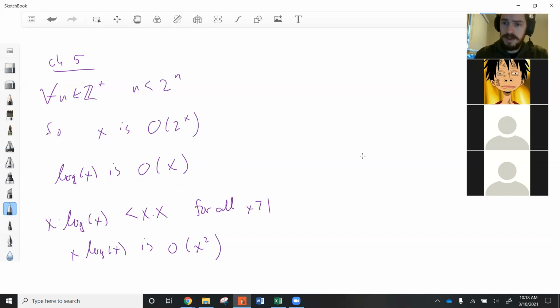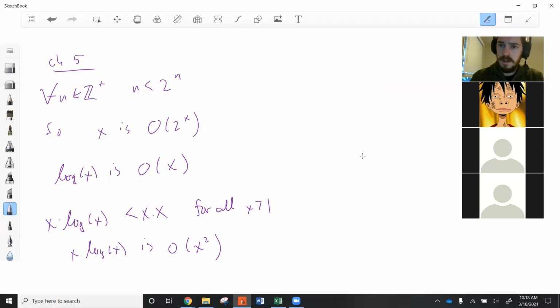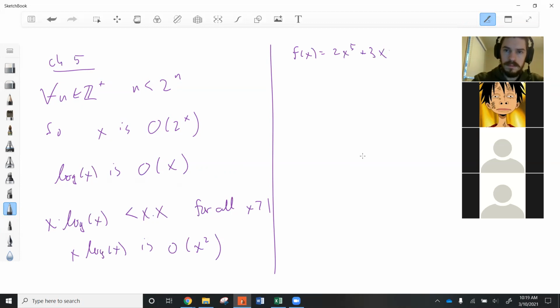Should we move on to 3.3, folks? I had a question. Go ahead. So in the previous example, where g of x was big O of f of x, would we still be correct if we said that k was, instead of 0, 1 or anything bigger than 0? Would that still be okay to say?